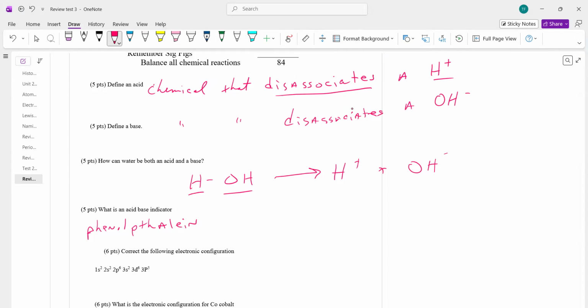Very, very common. It works quite well too. Okay, so an acid-base indicator shows when the endpoint is reached.